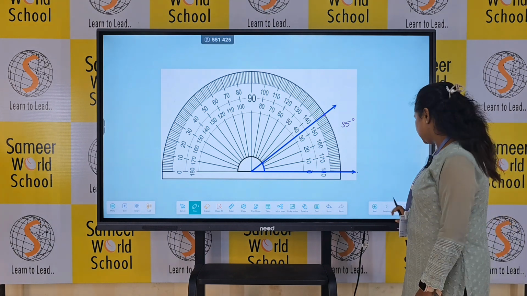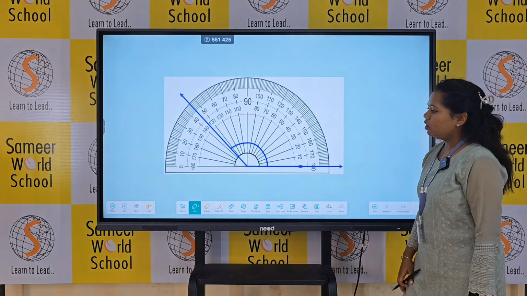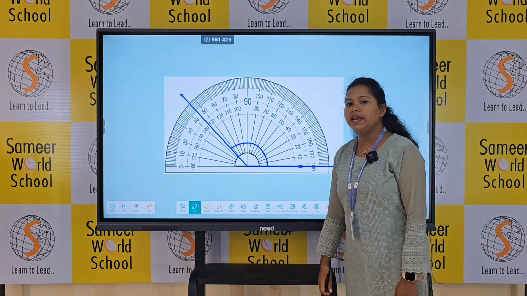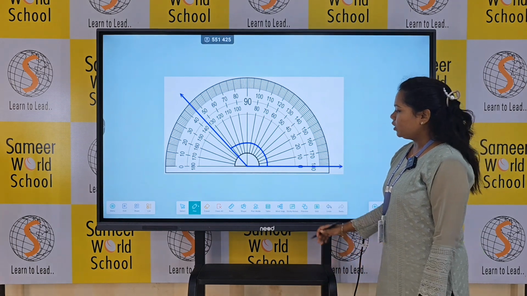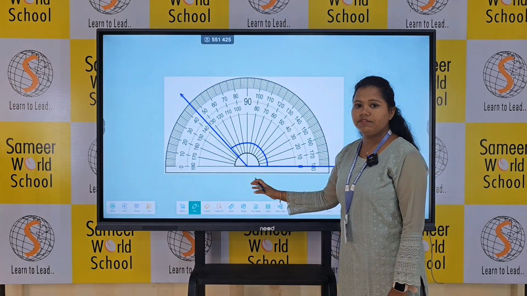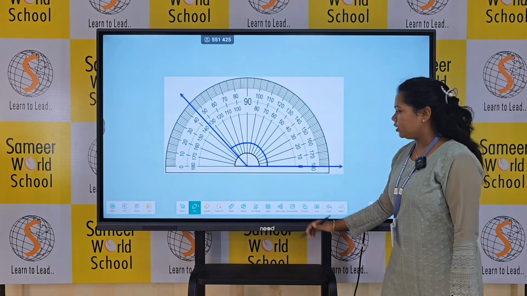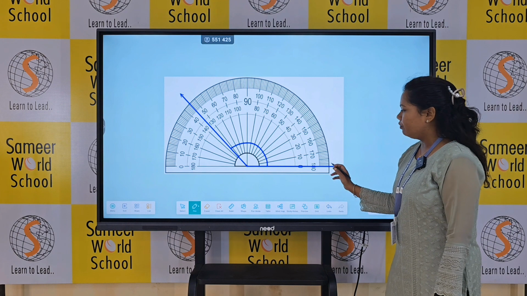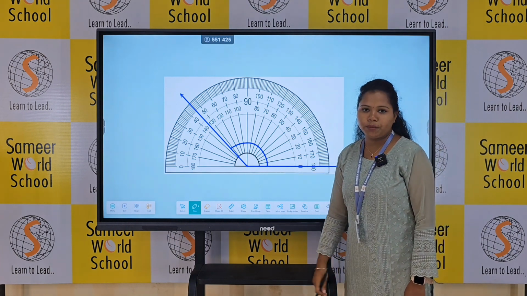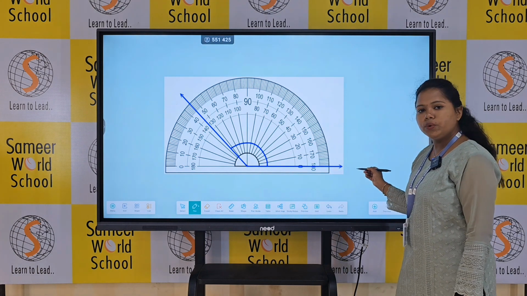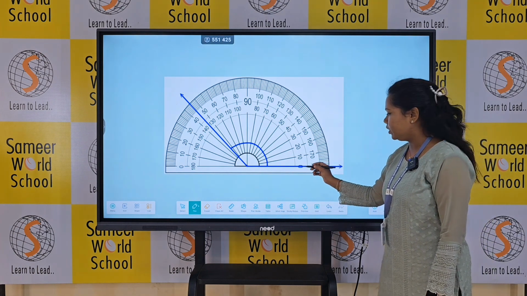So this angle is measuring 35 degree. Let's take one more example. Now we can see this is an obtuse angle. So how to measure an obtuse angle? Over here again the same process is there. We have to fix the center of the protractor on the vertex and the horizontal arm should be overlapped with the horizontal line of the protractor. Again the horizontal arm is pointing towards the right hand side, so we will start with the inner scale.